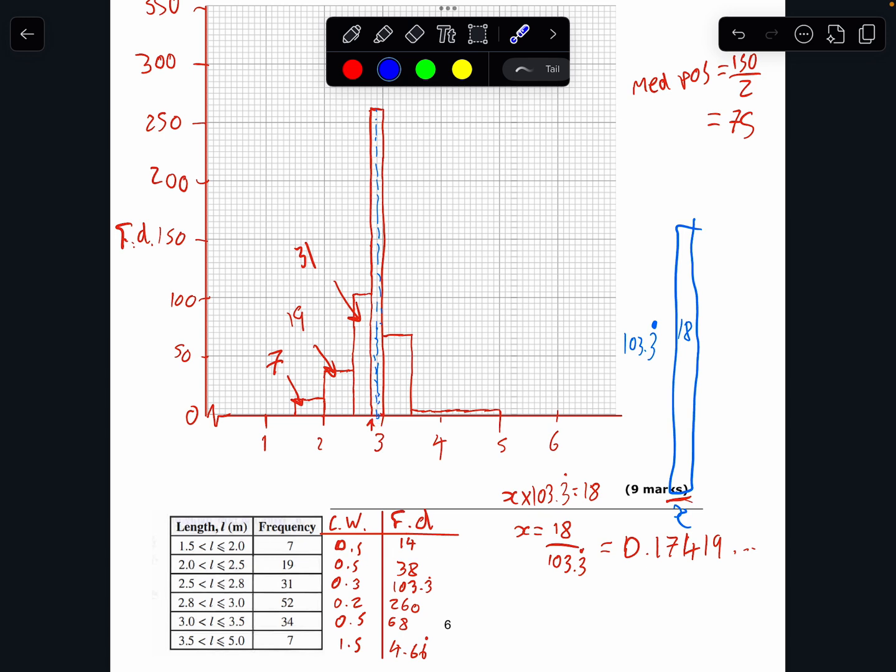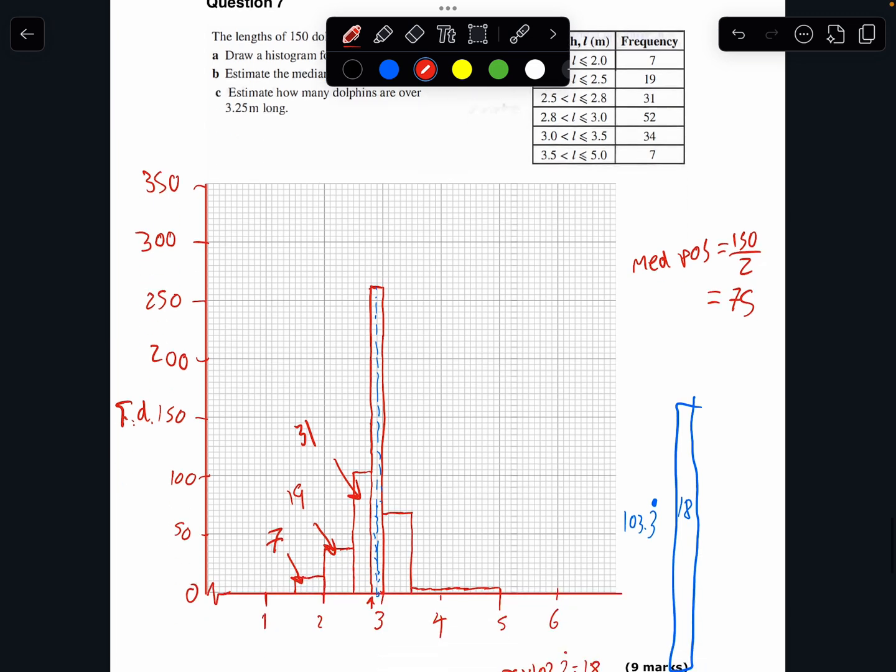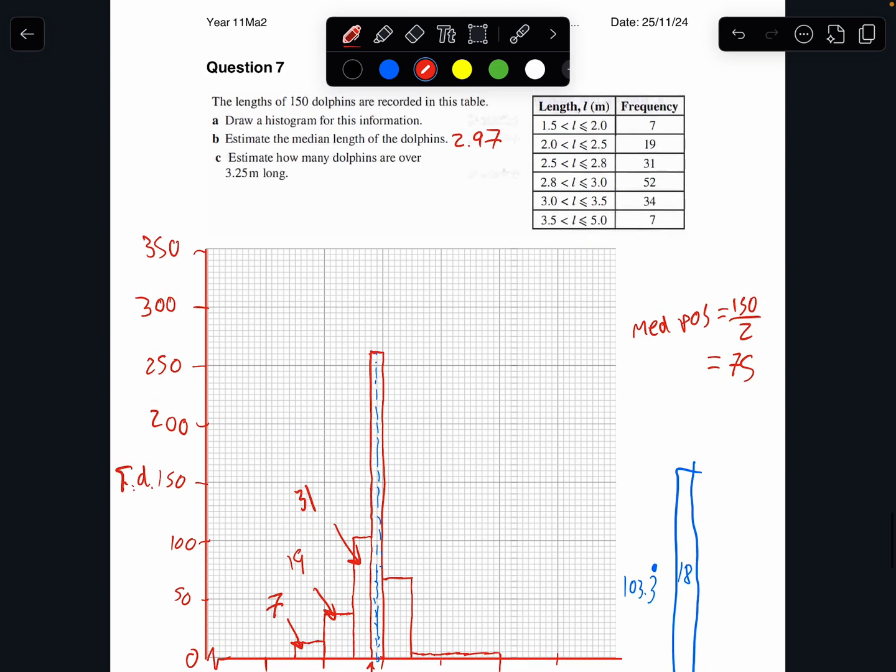So 2.8 plus x, 2.8 plus 0.17, and let's just go to 3 significant figures, 2.97. Okay. Cool. Yeah, happy days.